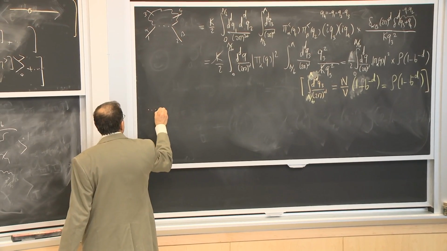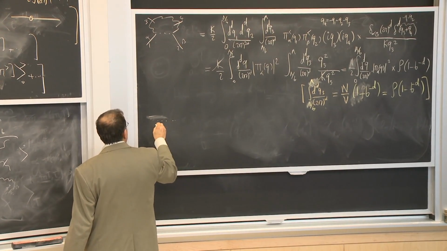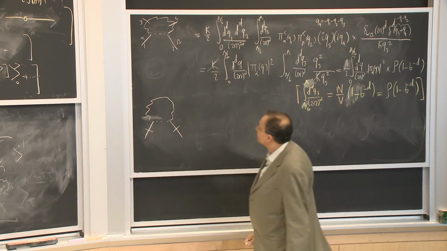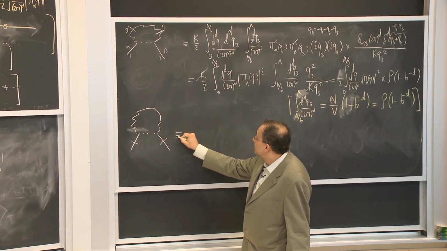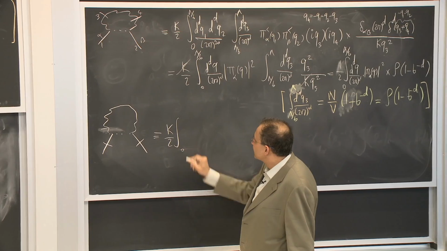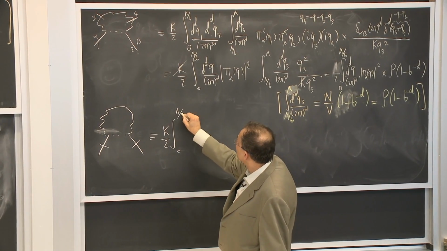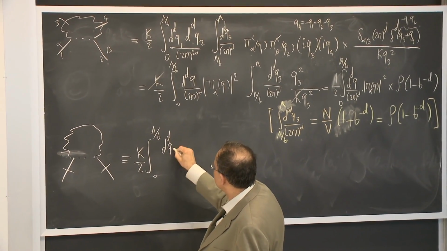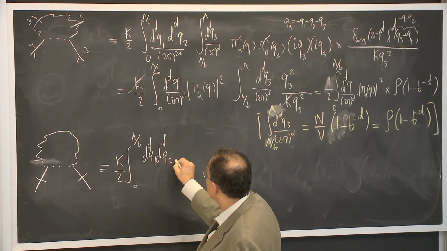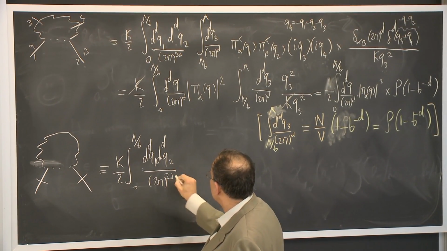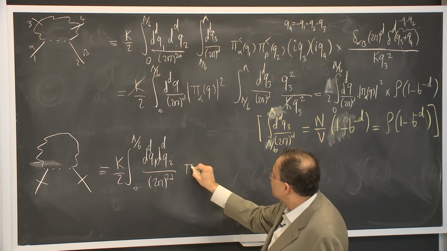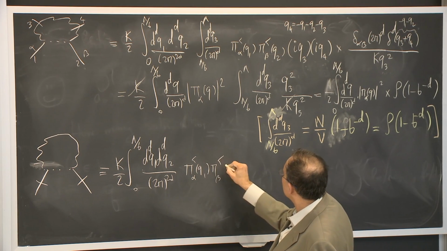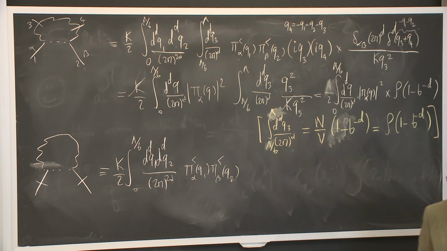The next one is really the more interesting thing. So here, we have this diagram, which is k over 2, integral from 0 to lambda over b. Essentially, I will get the same structure. This time, let me write the pi alpha lesser of q1, pi beta lesser of q2 outside the last integration.